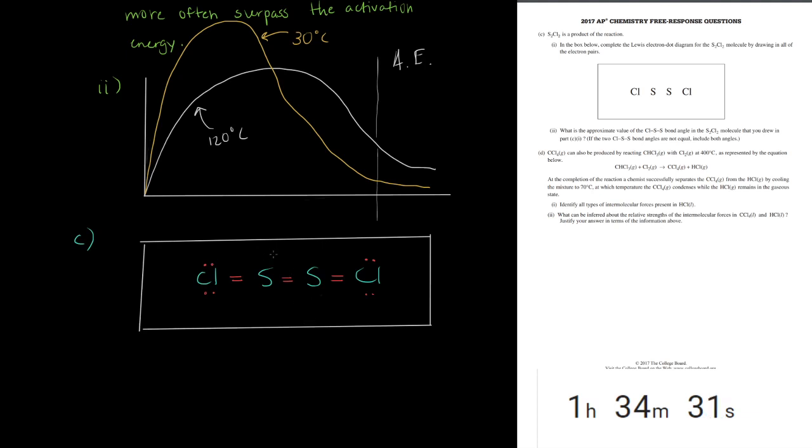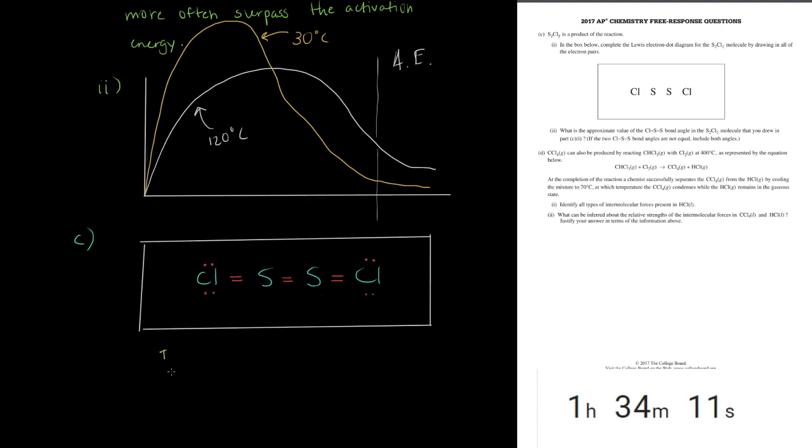And now we have a situation in which technically all of the atoms are quote-unquote happy with how many electrons they have. So now we just need to count up how many valence pairs they have and see if it matches up with what we should have. So each of the chlorines should be adding 7 to this reaction, I believe. So that's 14.